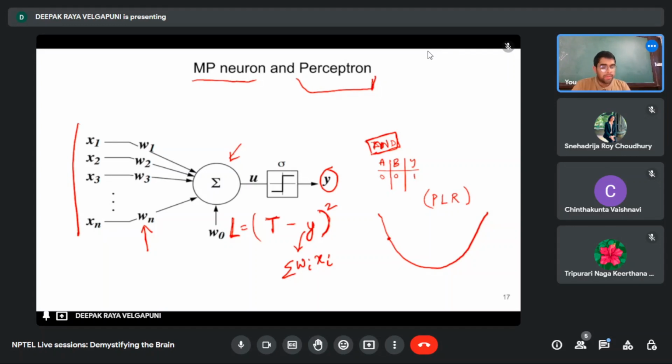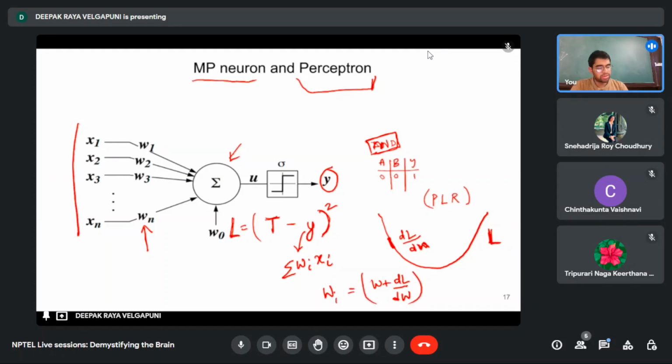So you want to move down the hill, to minimize the loss. You want to move down the slope, and the slope is given by the differential of the loss function with respect to the weights. As you go along this, w plus dL by dW is the update rule that you have.